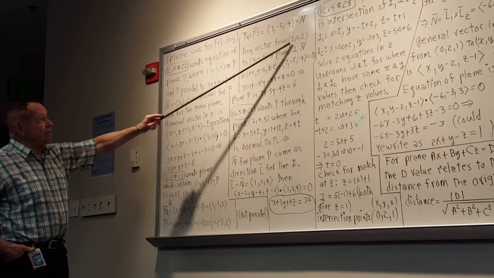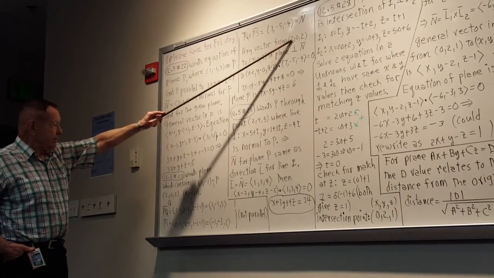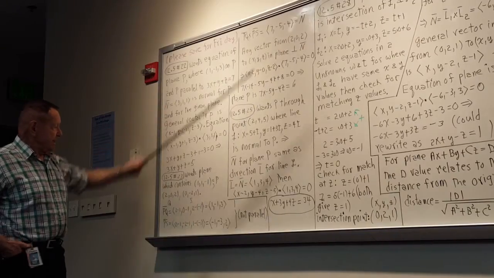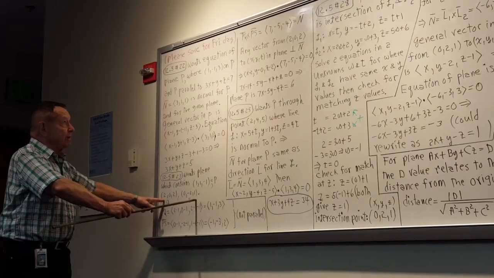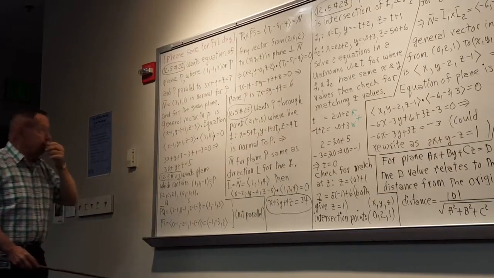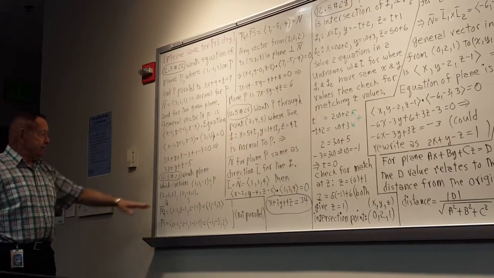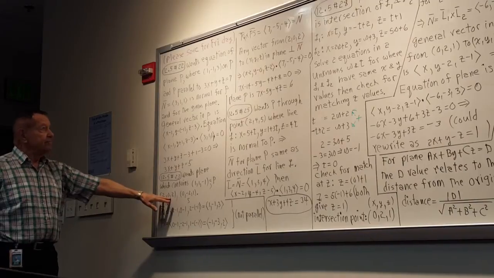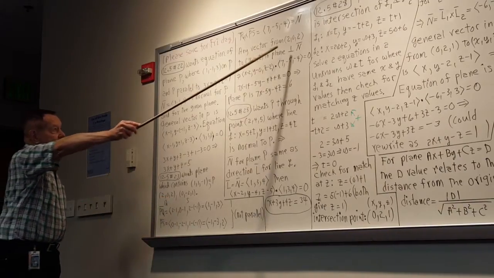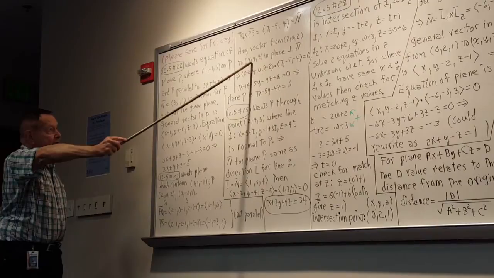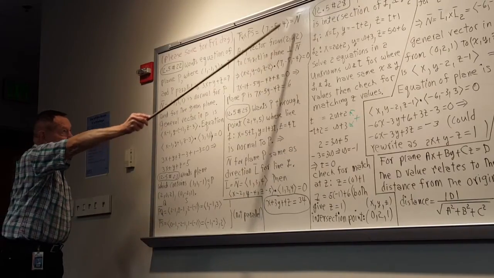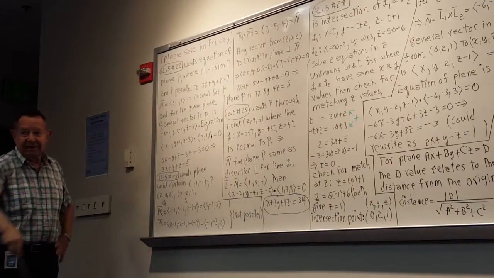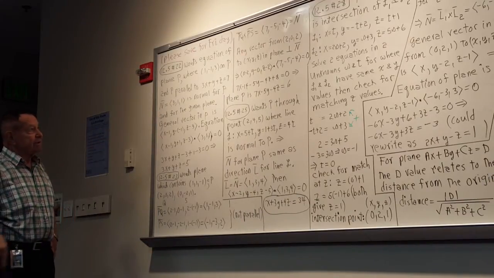So any vector from the given point, say take any one of these as your given point. For instance, if I take Q, any vector from Q to X, Y, Z is going to be perpendicular to the vector made of the attitude numbers.